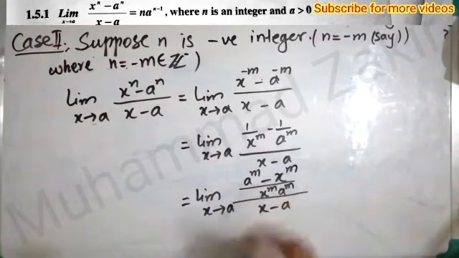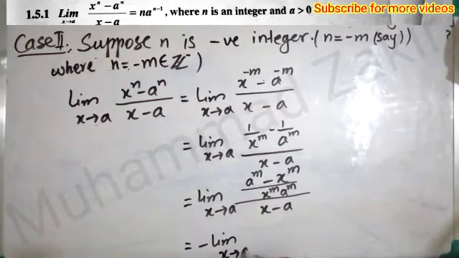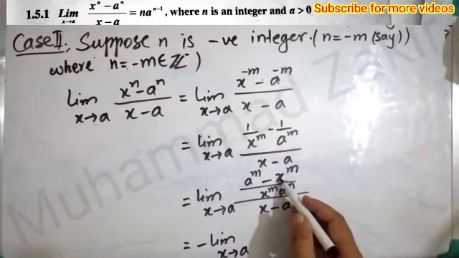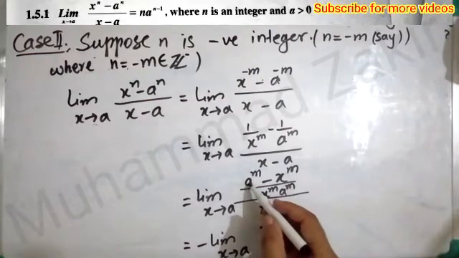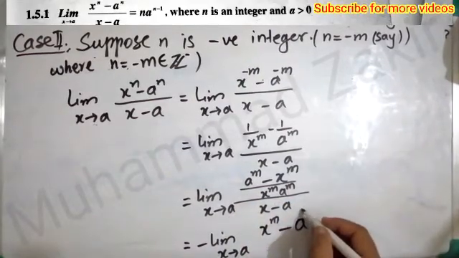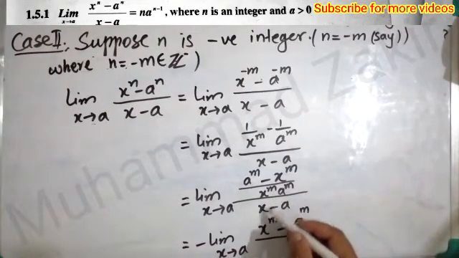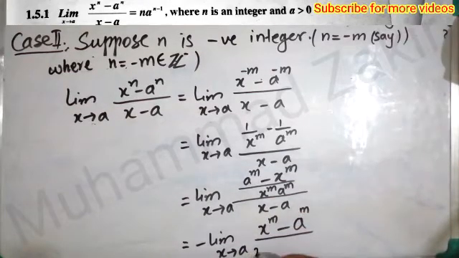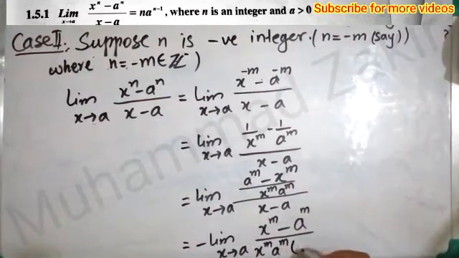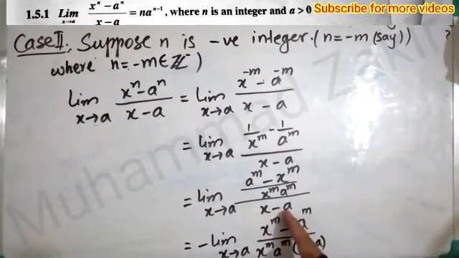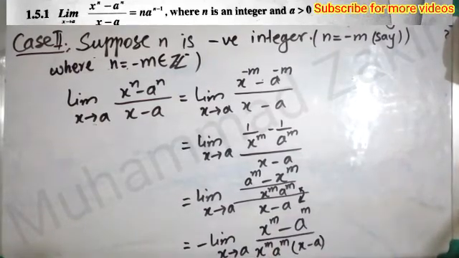If we take the minus sign common, x^m will be positive and written first, a^m will be negative and written later, divided by x^m a^m along with x minus a in the denominator. These two will be together.